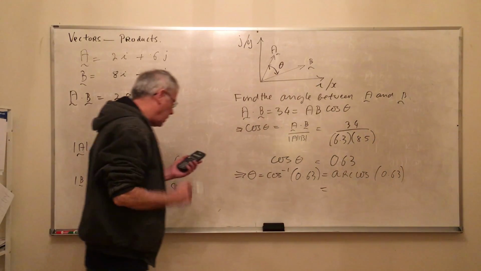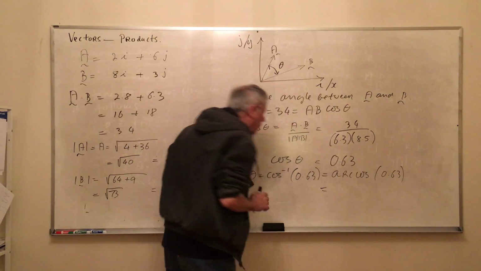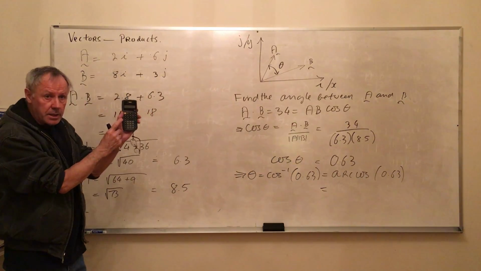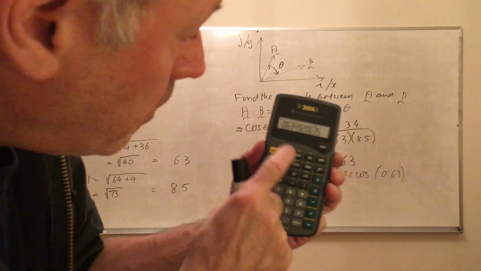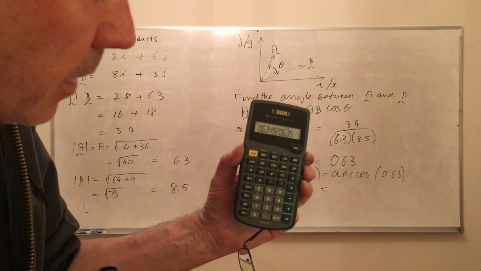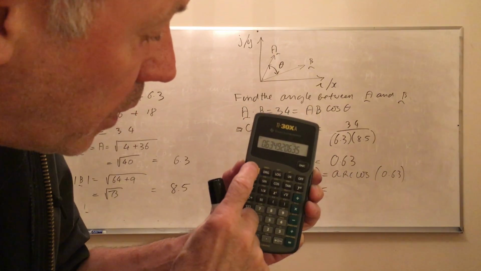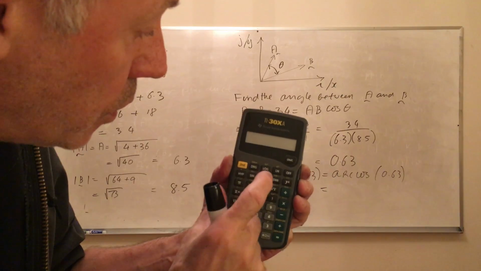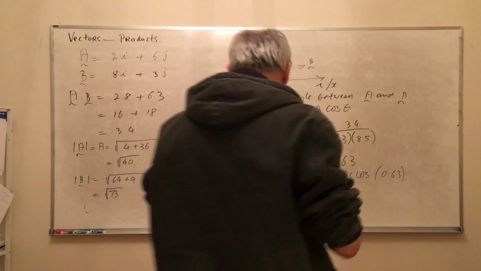So on your calculator, you can say that the angle itself is the inverse cosine of 0.63, and your calculator tells you how to do this. 0.63 is on the calculator already. So there's cosine, but slightly above it we go second function, cos, and I get 50.58 degrees.